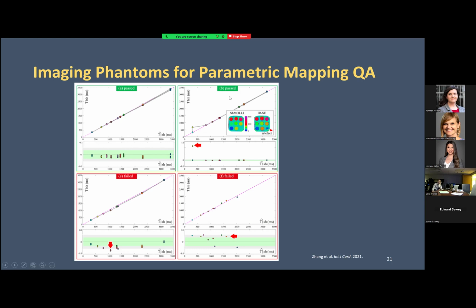On the right, upper right, we have another one that passed. The majority of these fell in line, but there was one outlier. You can see here I'm circling. And looking at the variance here, we see that outlier here.